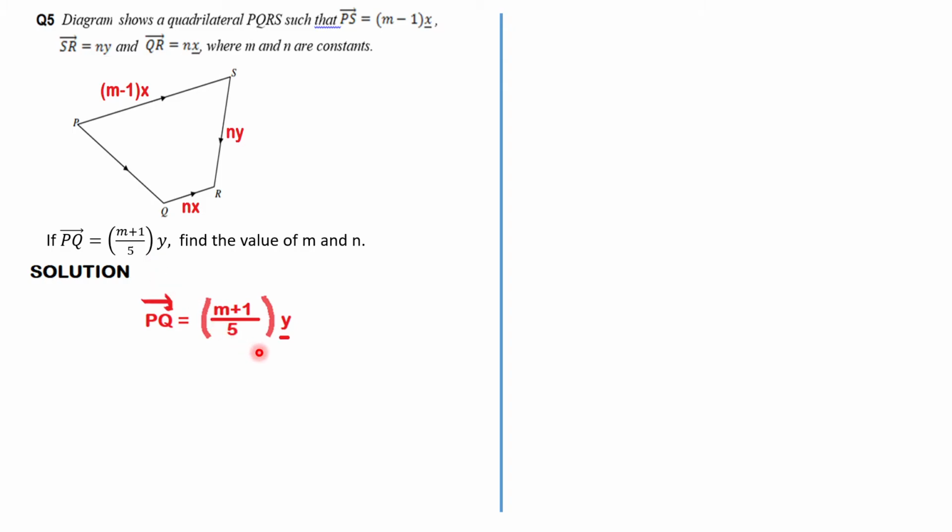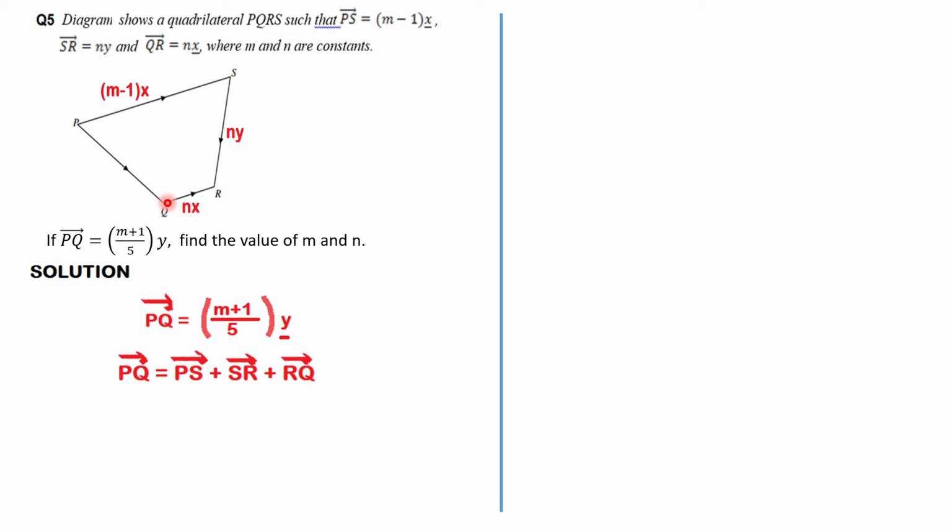So what I'm going to do now is find the resultant vector PQ on my own using the diagram. In order to get the resultant vector PQ, I need to start from P and travel to point S. Therefore, the resultant vector PQ equals PS plus SR plus RQ.